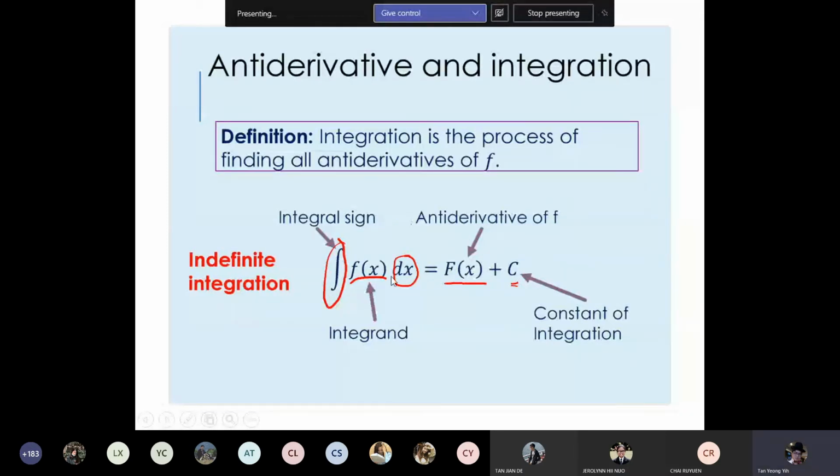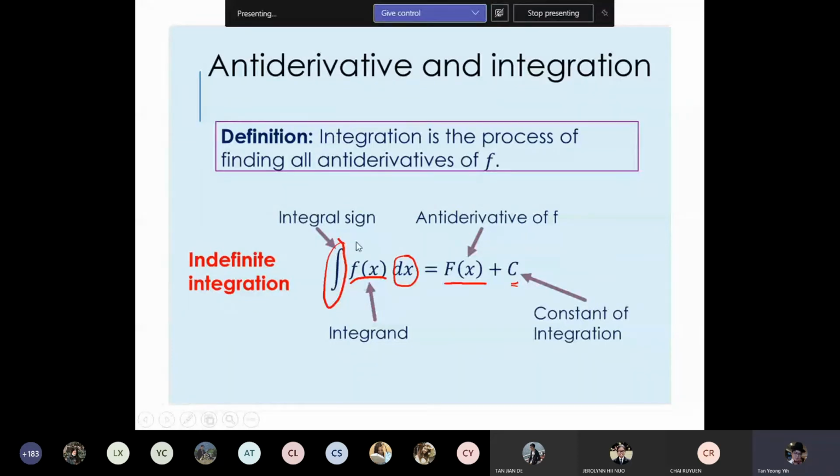You need to remember the sign and how to write it, because in the final exam, I always see students give me all kinds of different writing.